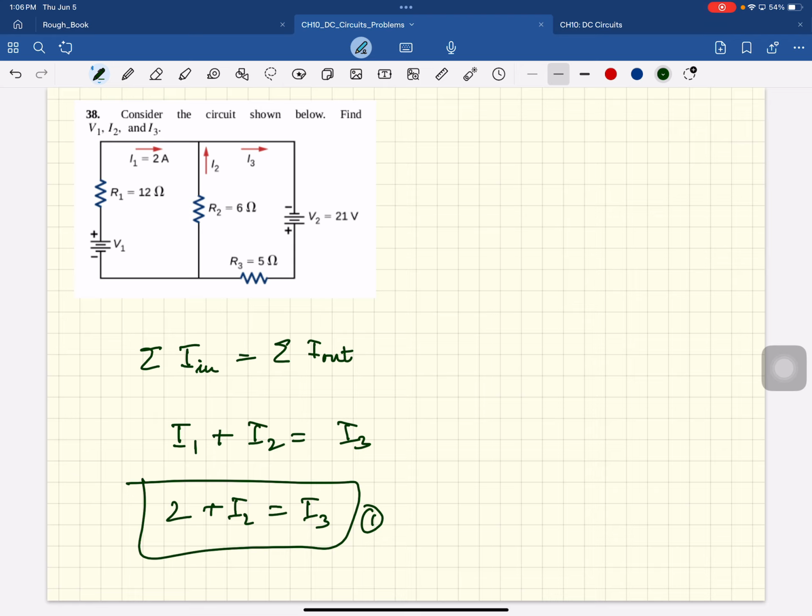And how many loops do we have? Three loops. So you can use any two of those three. We'll keep it simple, L1 and L2. I'm going to start here, go around like this.